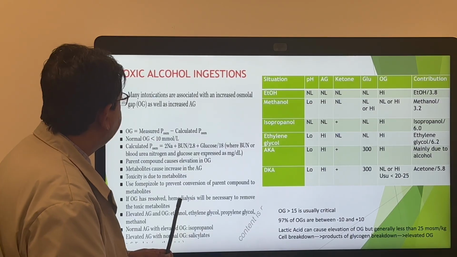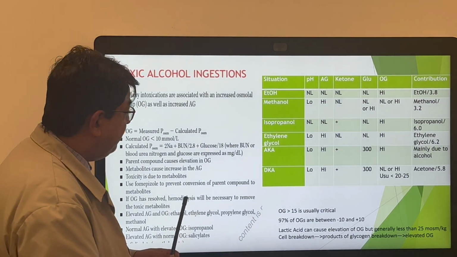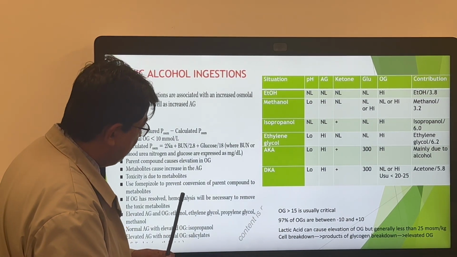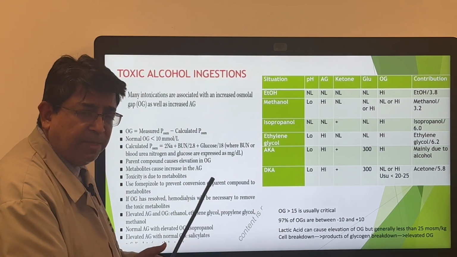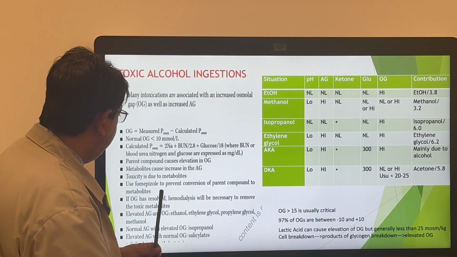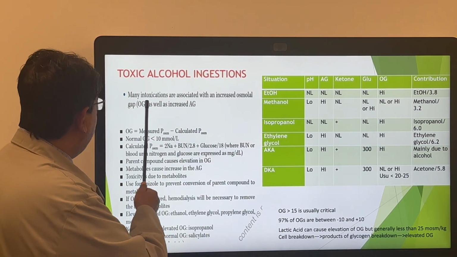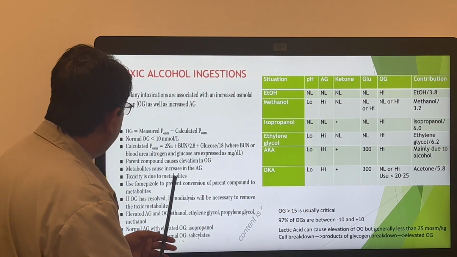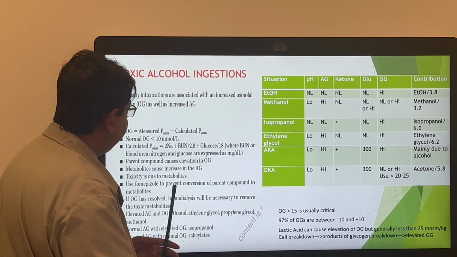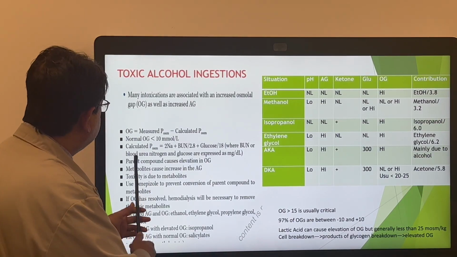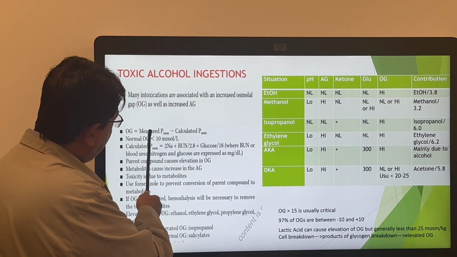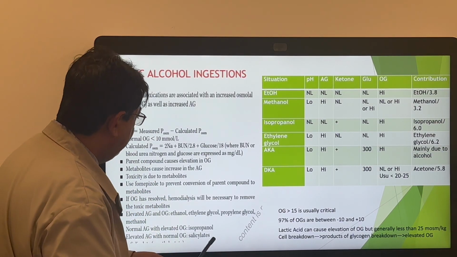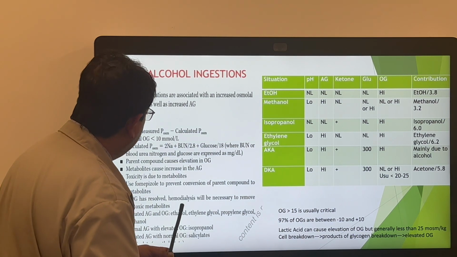Next slide. Then we'll jump to toxic alcohol ingestions. Here there are some fundamental concepts to remember. The first is that you have the osmolar gap and you have the anion gap. The osmolar gap is the measured plasma osmolality minus the calculated plasma osmolality.